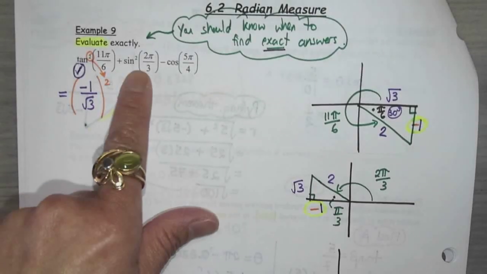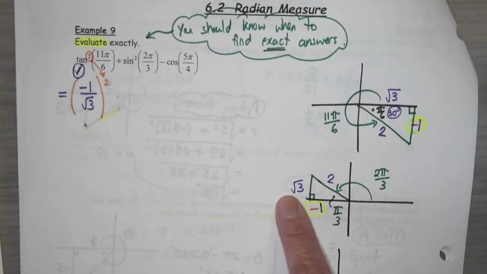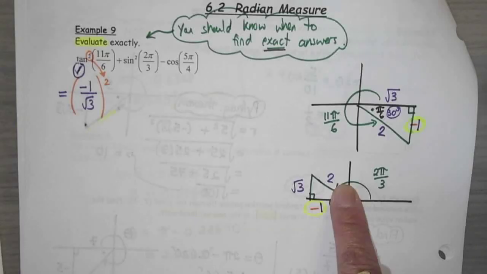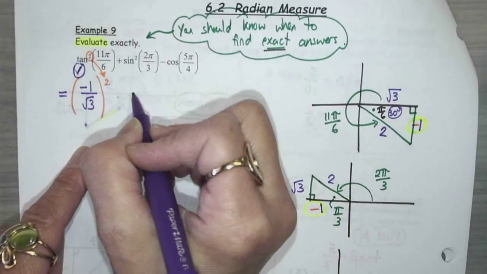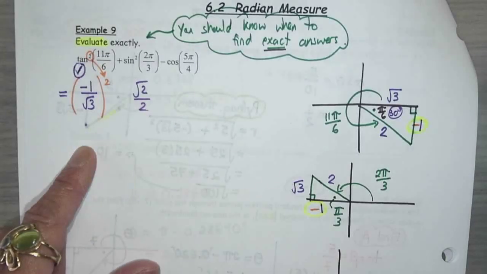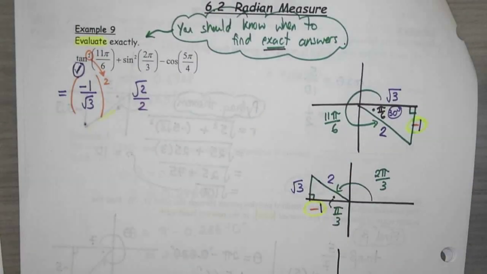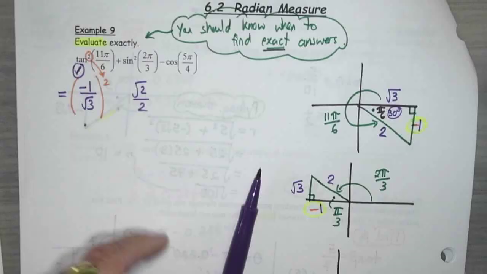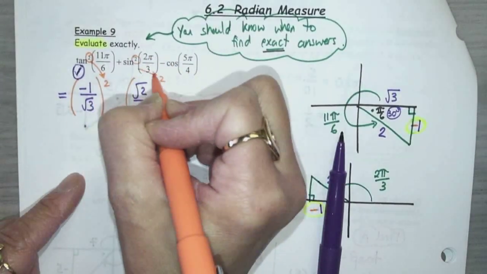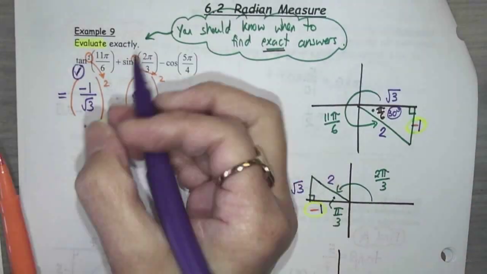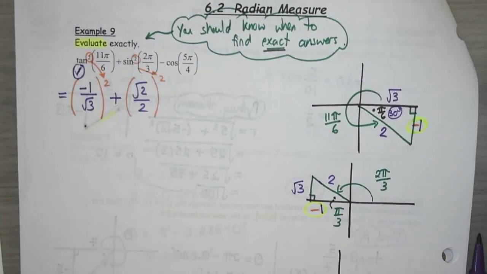So sine squared is going to be, so it's opposite over hypotenuse. So I'm going to do over here, it's going to be root 3 over 2. I didn't even use the negative because it's in the sine quadrant, right? So I didn't even need it. So it's root 3 over 2. And again, grab this squared and put it there. Okay, it goes on the outside, so fill that in.